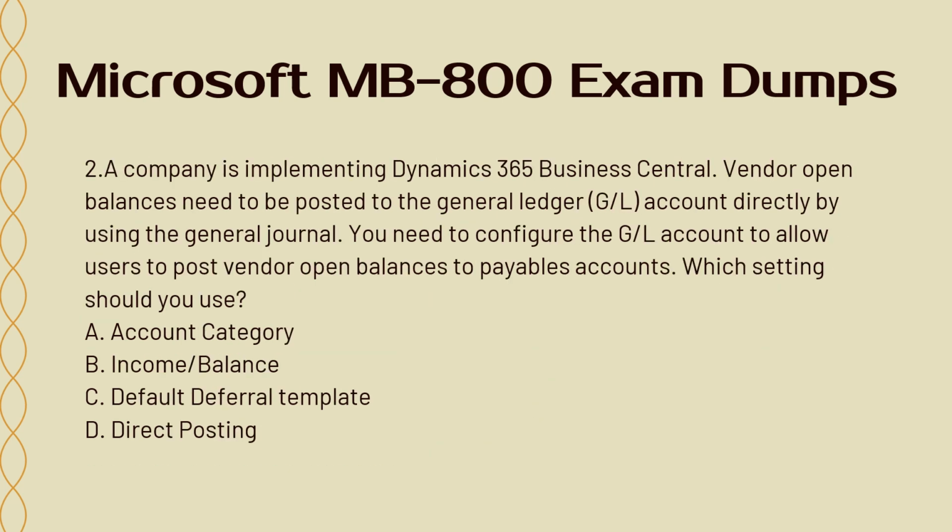2. A company is implementing Dynamics 365 Business Central. Vendor open balances need to be posted to the General Ledger (GL) account directly by using the General Journal. You need to configure the GL account to allow users to post vendor open balances to payables accounts.